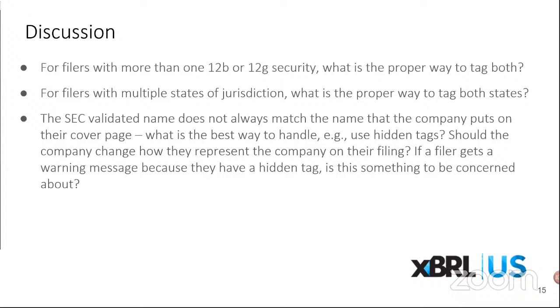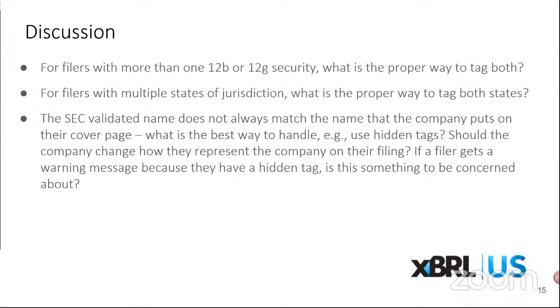So it sounds like filers have a couple of options, but they need to decide, and that's probably something they need to look at before they have to submit their first 10-Q in Inline XBRL. That's right. And to address your question about the hidden tag, there are validation warnings the filers may get on the use of hidden tags, and the filers can get a list of those warnings on hidden facts.